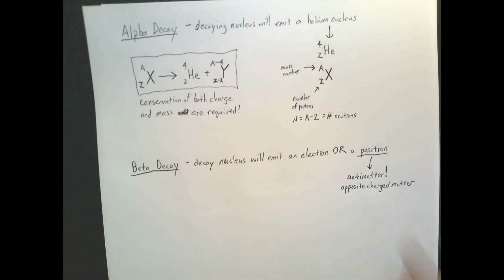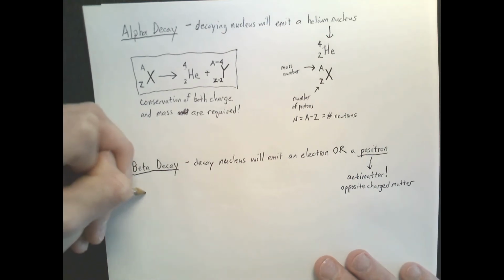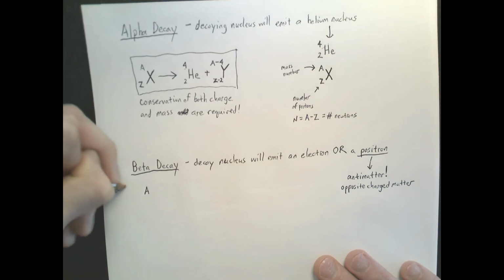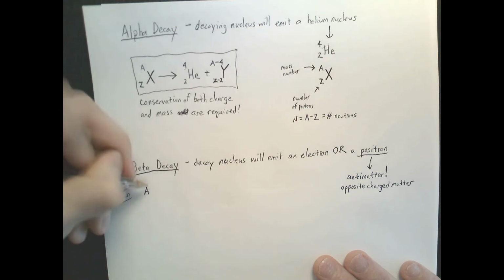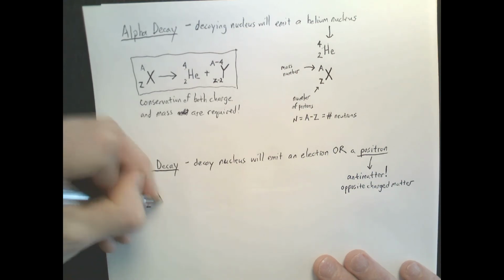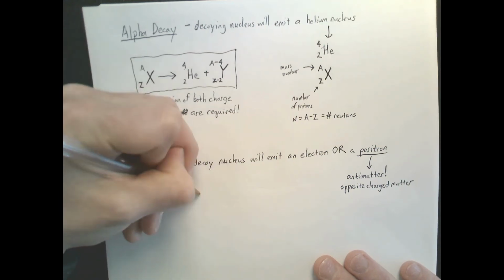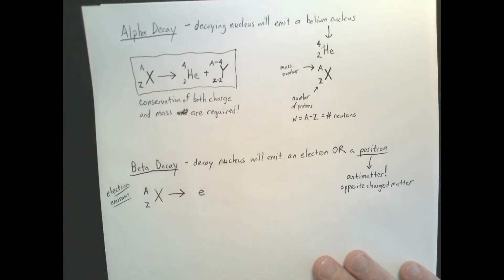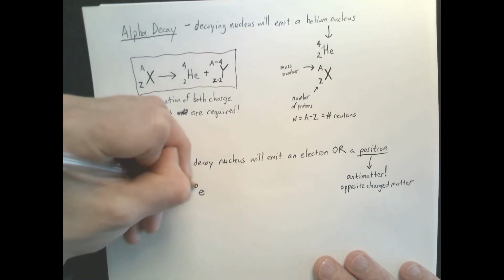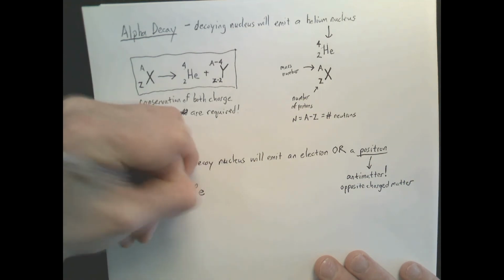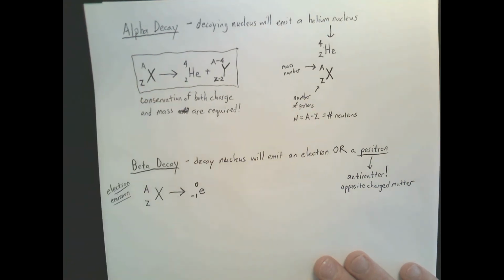So a beta decay, what happens here is we start with our base. This is one kind. This is electron emission. We have A, Z. It's our base nucleus we start with. We say it's going to emit an electron. An electron does not have enough mass to really count towards the A number here, but it does have a -1 charge.